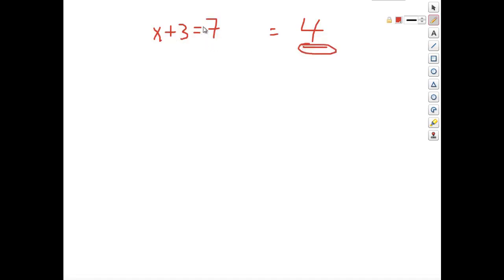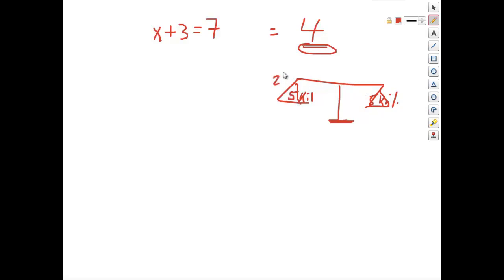The question is, how do we find it? To do that, let's think about really what an equation is. And one of the things we can compare an equation to is a balance. If we have a balance, we have 5 kilo on the one side of the balance, 5 kilo on the other side of the balance. The balance stays straight.